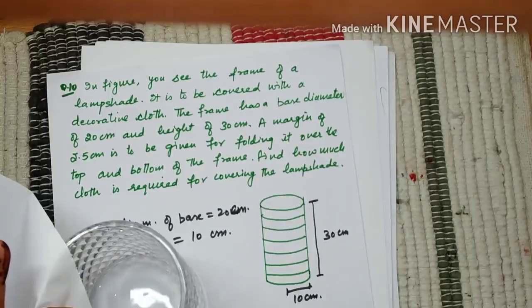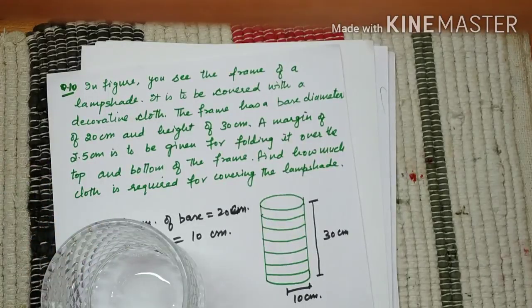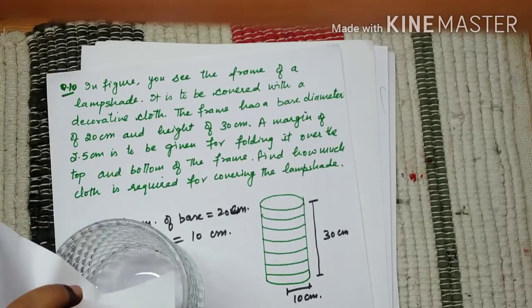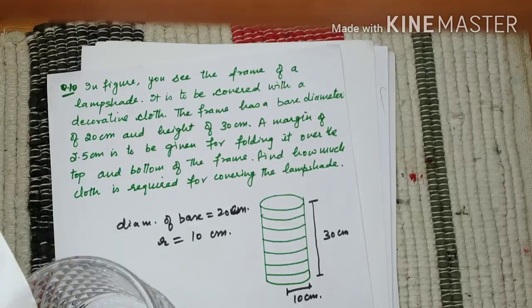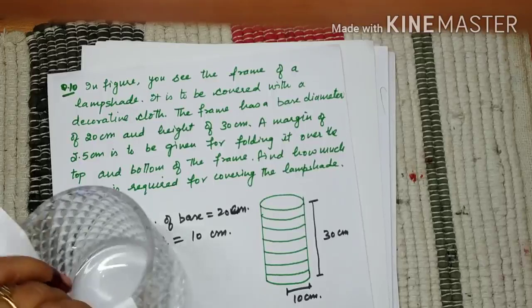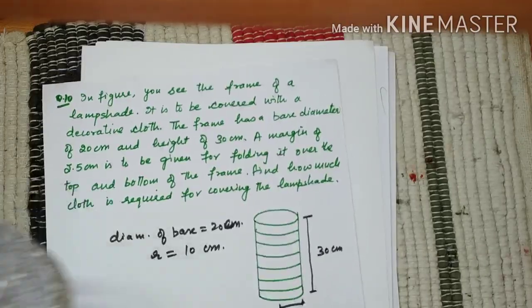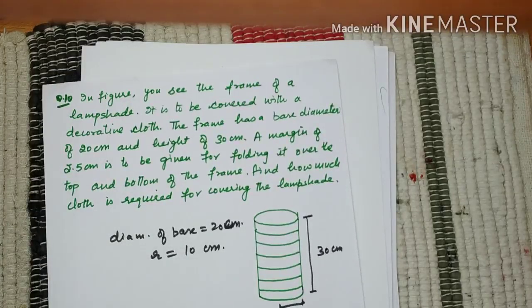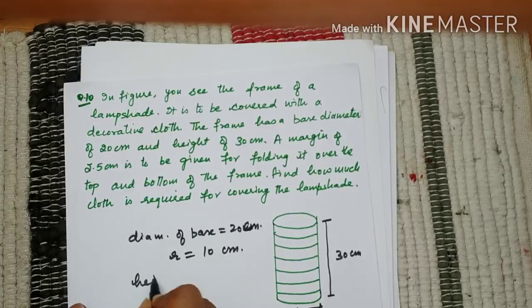So the height of the decorative paper I need to cut, including the margin that I need to fold upward and downward: 2.5 centimeter upward and 2.5 centimeter downward. So total height, what is the height given?